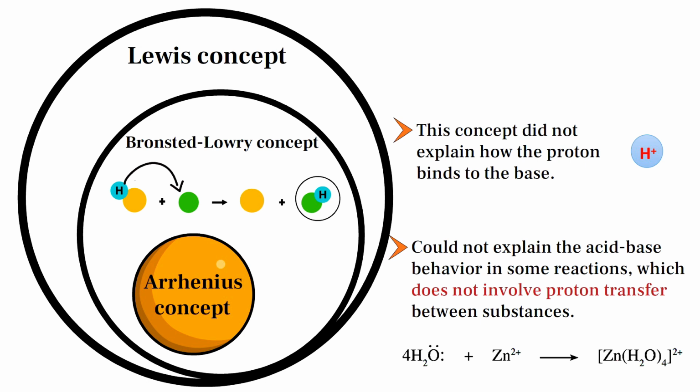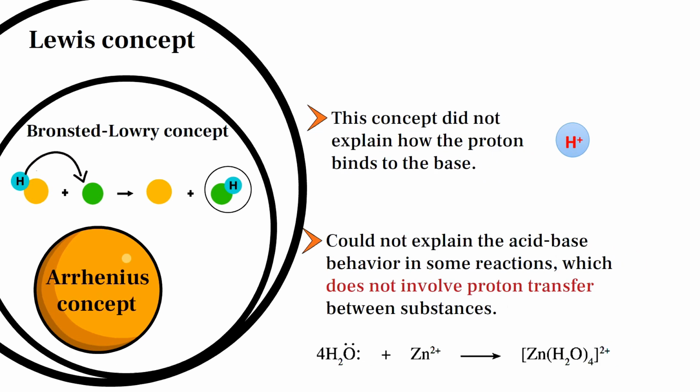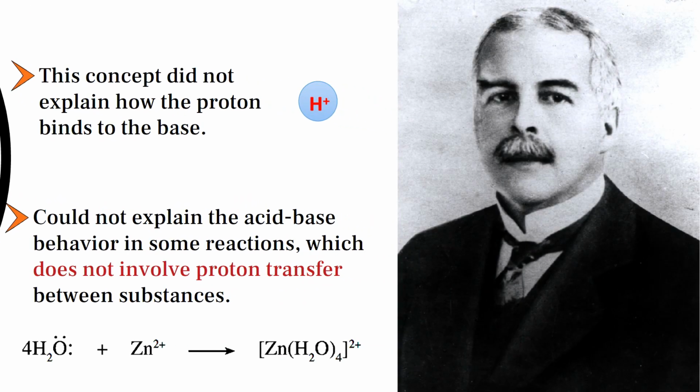So, the concept of Lewis appeared, which is more comprehensive than that of Arrhenius and Brønsted-Lowry. But how was Lewis able to solve the shortcomings that appeared in the concept of Brønsted and Lowry? So let's see how together.